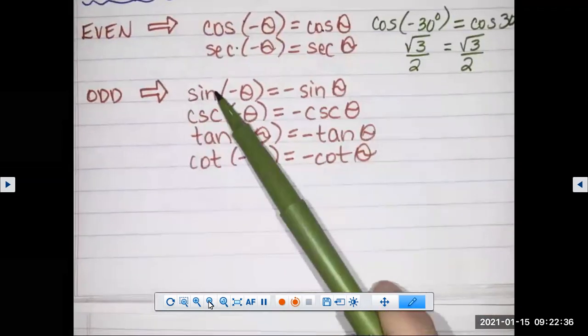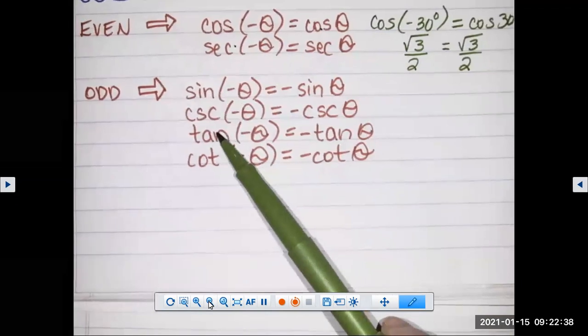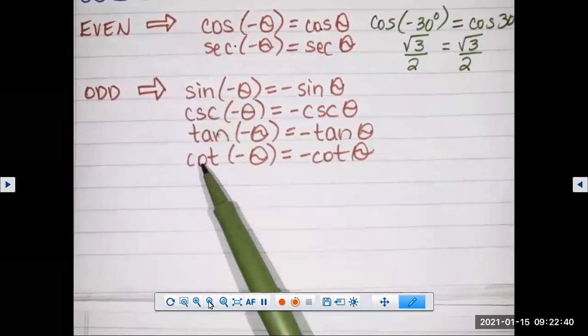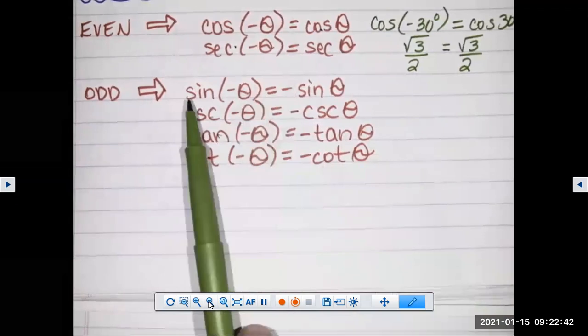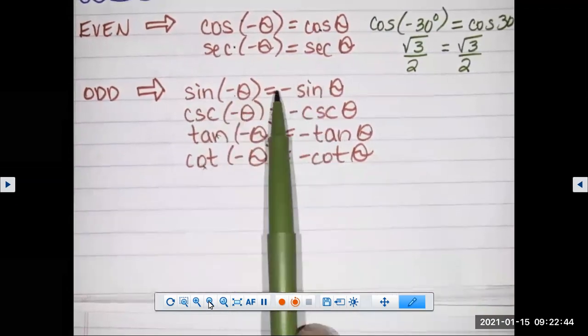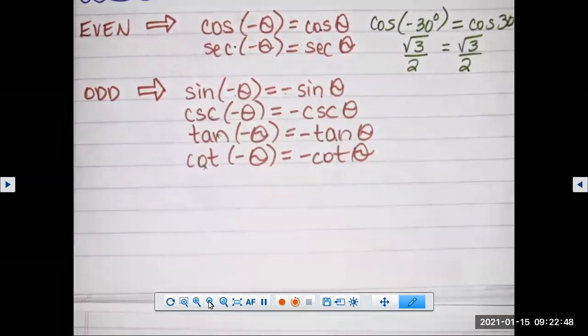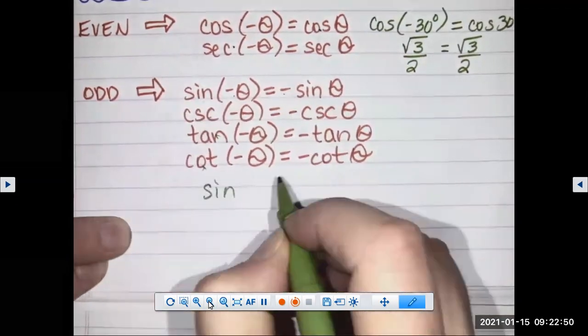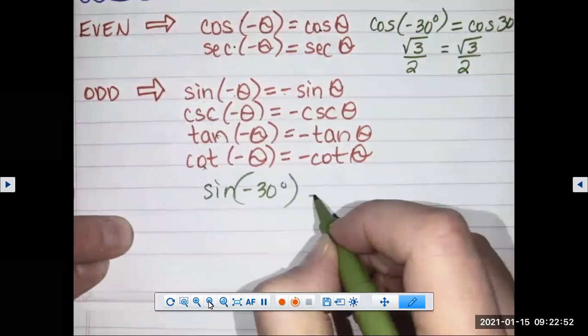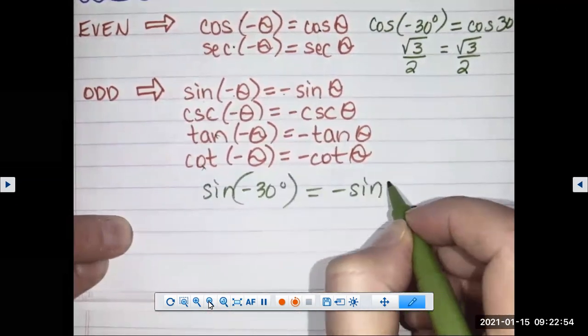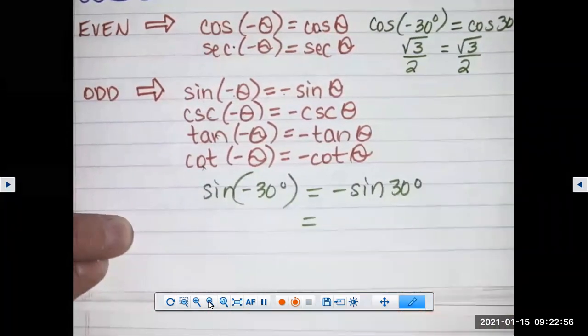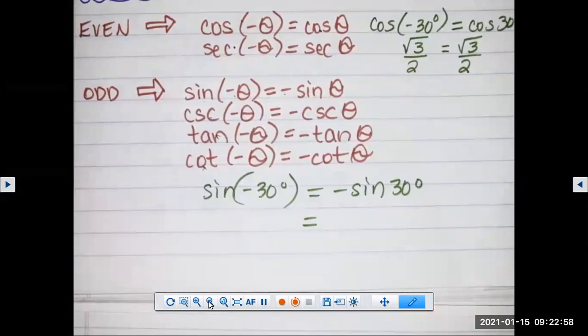Odd functions are sine and tangent, and their inverses cosecant and cotangent, saying that sine of any negative angle will come out to be the opposite of the sine of the positive angle. So sine of negative 30 degrees will come out to be the opposite of sine of 30 degrees. What's the sine of 30? 1 over 2.